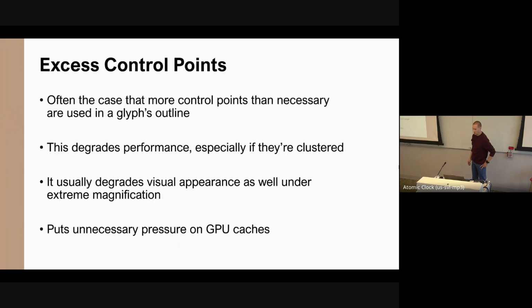So the biggest problem for performance, of course, is excess control points. And that M that I showed you on the wall earlier is a case of that. I've already mentioned most of this. We just want to reduce control points as much as possible and make sure they're not clustered, because it will hurt performance and it will, a lot of times, contribute to degraded visual appearance.